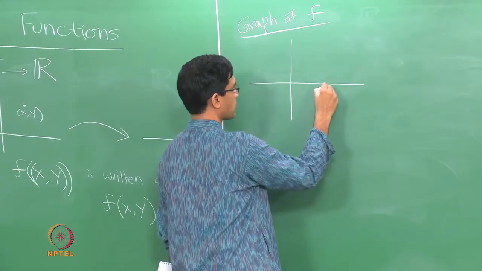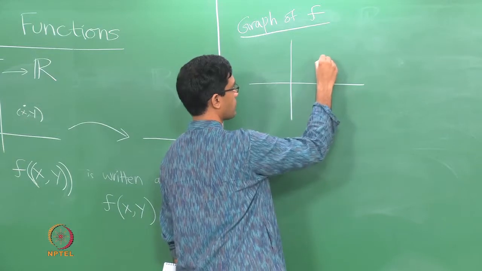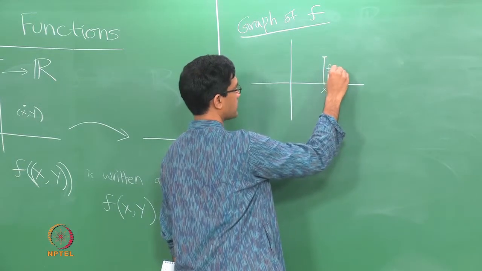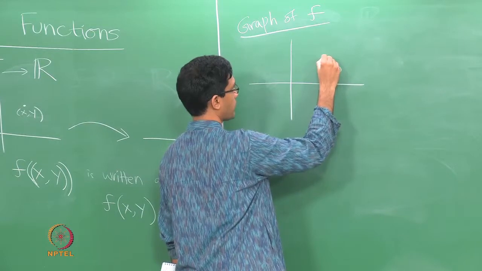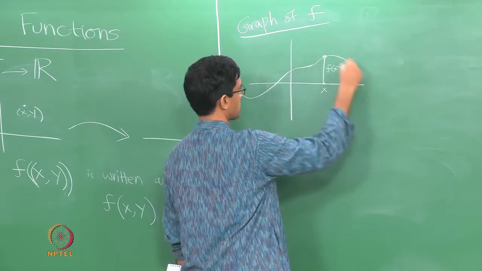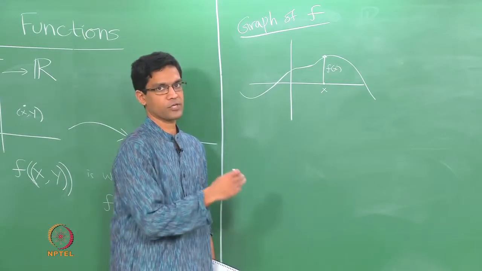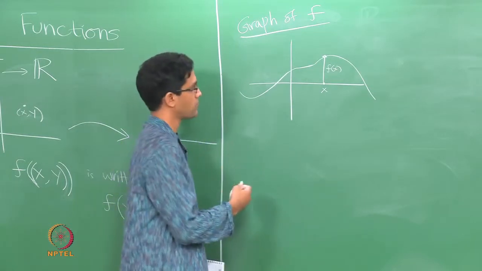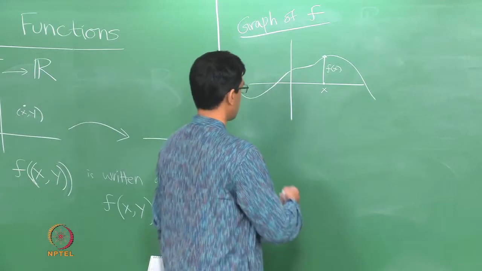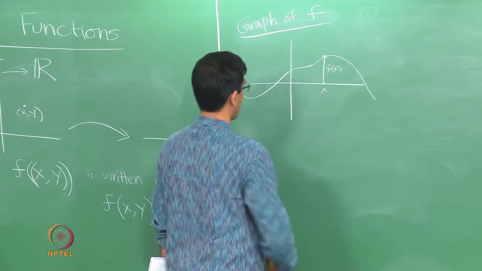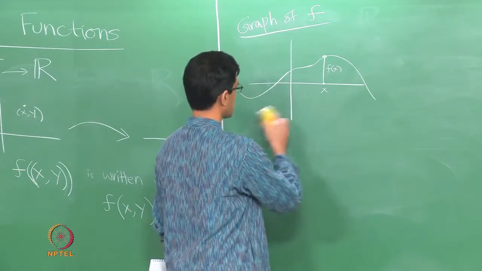And for each point of the domain x you mark off on the vertical side the value of the function at that point, and then you join all of these. So, this was the procedure for obtaining a graph if the function was a function from R to R. Now, if you want to do something from R2 to R, well, it is more or less the same idea.